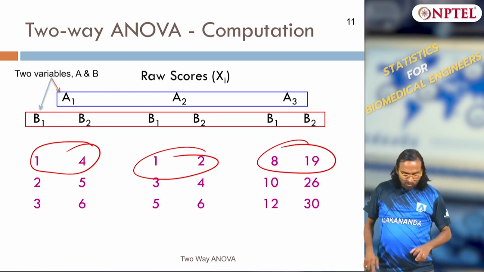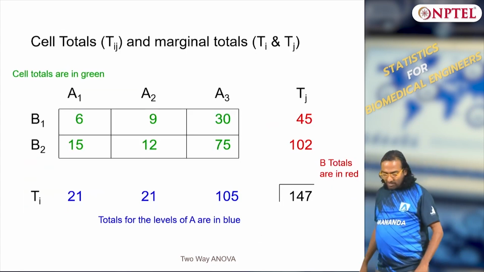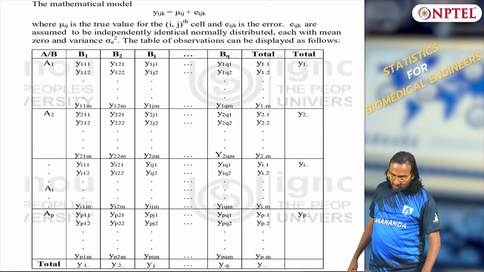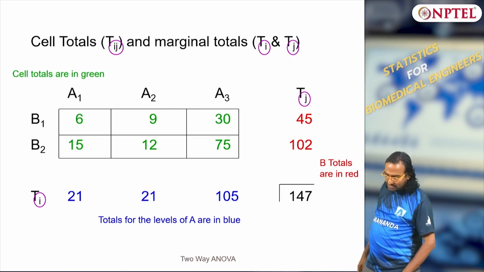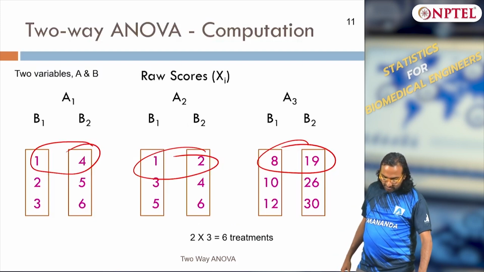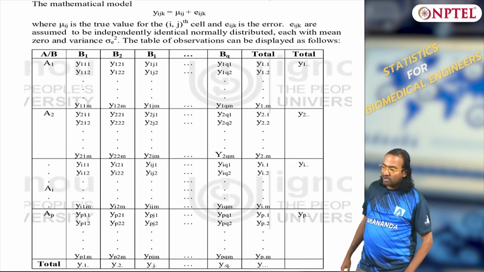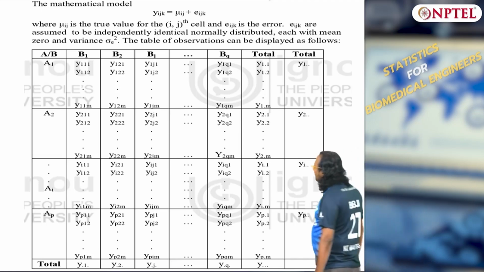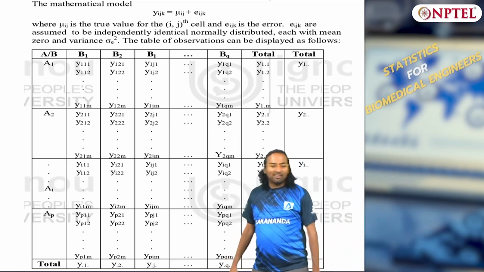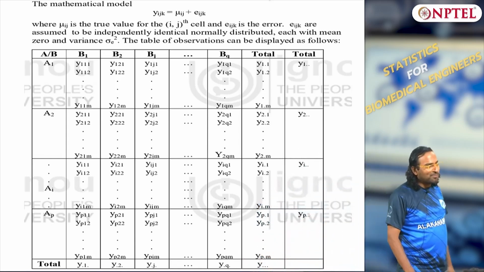So now we get into the math slowly. You can compute cell marginals, total marginals, etc. But now we get into the math model. I have been searching in various books, I did not want to derive it completely, so I was searching in books and none of the books had it.